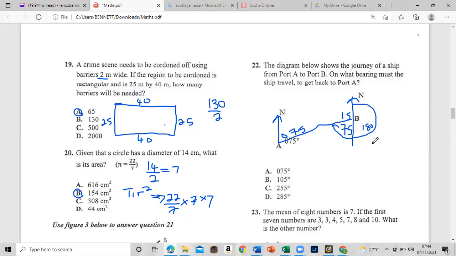So it will be 180 plus 75. Let's see what that is.